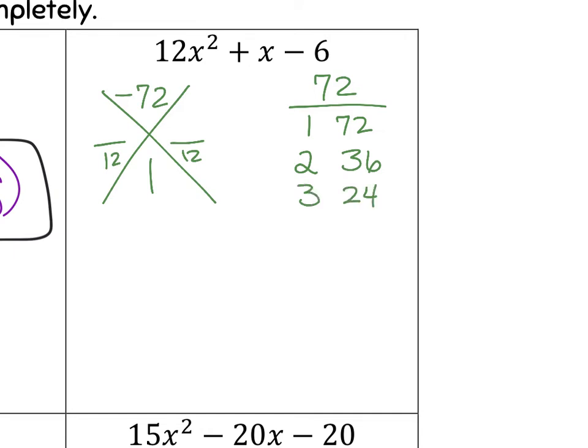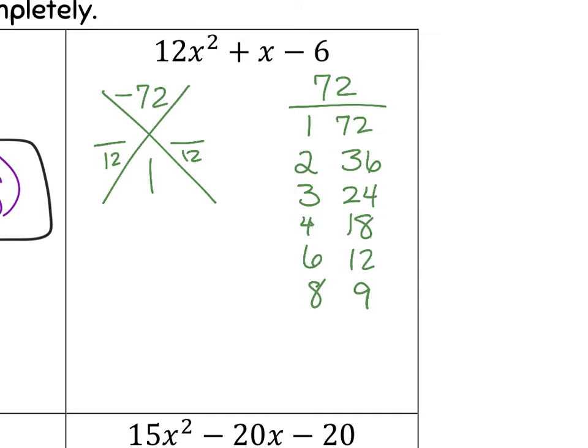What about 4? 18? What about 5? No, what about 6? 12. What about 7? What about 8? 9. Okay. And that would be my whole list. Phew, that's a big list.